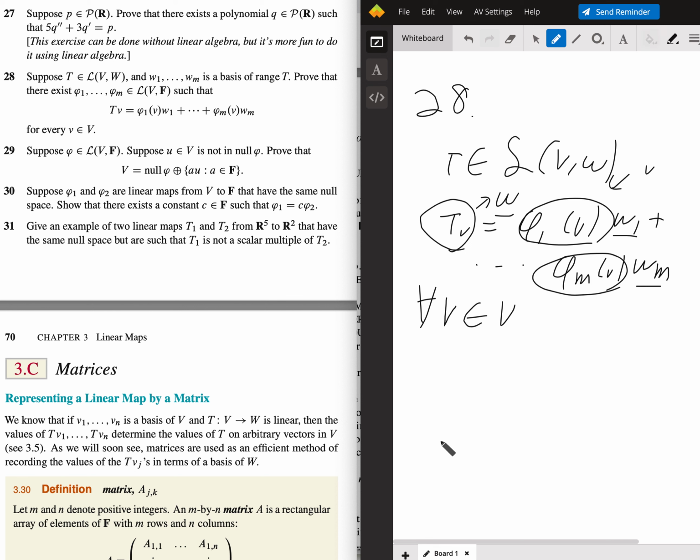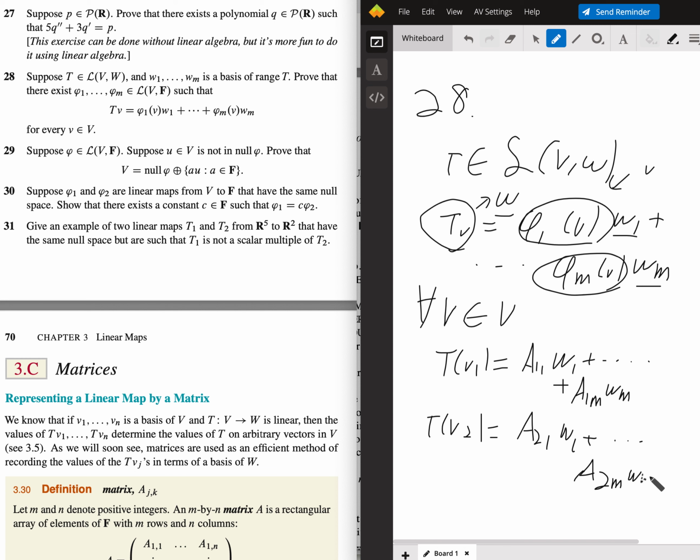After some trials, we've been able to deduce the best formulation I can think of. So consider this. T of v1 is some linear combination of w1 through wn. Actually, let me write this in a slightly more interesting way, and this will directly lead into the matrices stuff that we will talk about.